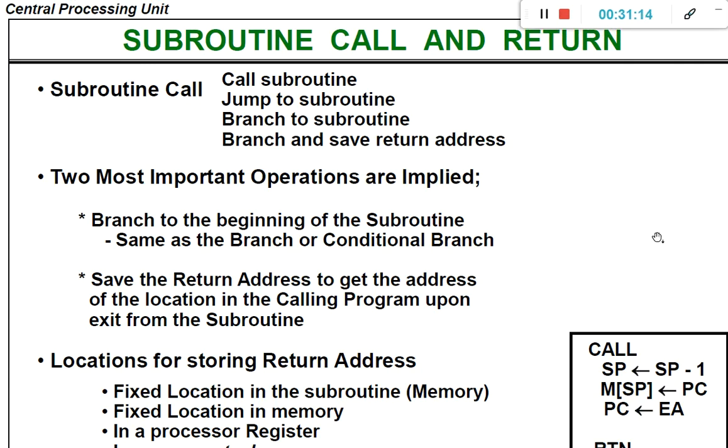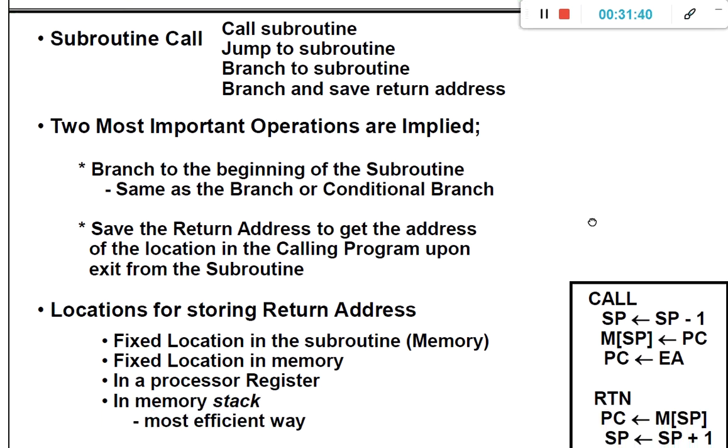The next concept is subroutine call and return. We have already seen what a subroutine is and how to implement a subroutine using assembly language code. We have seen a program in assembly language showing how to perform the subroutine call. Here we are going to review once again how this occurs.